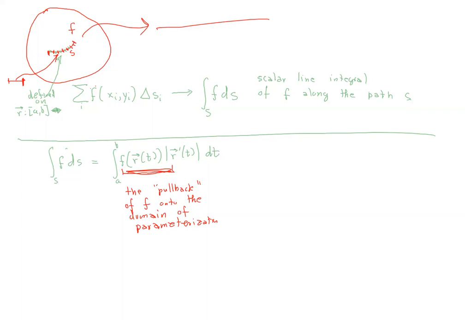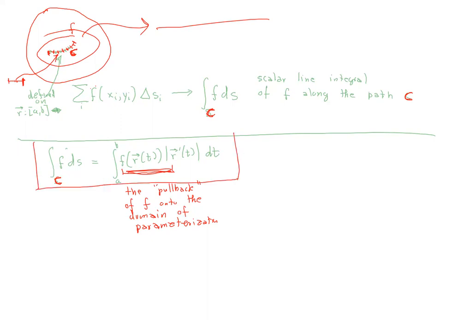It's as if you have the function defined on this path. Actually, it's more common for paths to use C rather than S, so let me change all the S's to C. Sorry about this. And you pull the function back from the actual path onto the domain of the parameterization. That's why I'm going to refer to this as the pullback of the function. So this is the formula that we're going to be using.